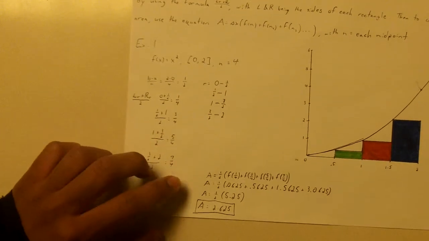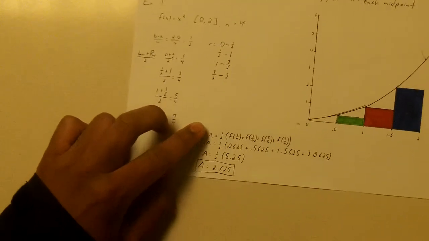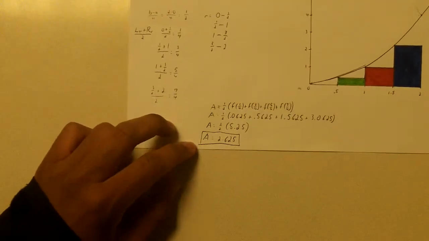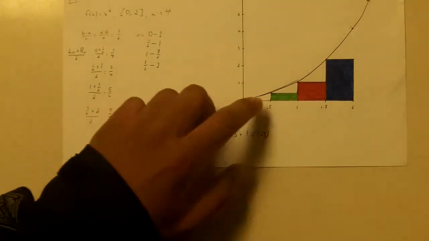And finally you plug those into the equation here, and basically that gives you 2.625 as your area under the curve. And this is a picture of that.